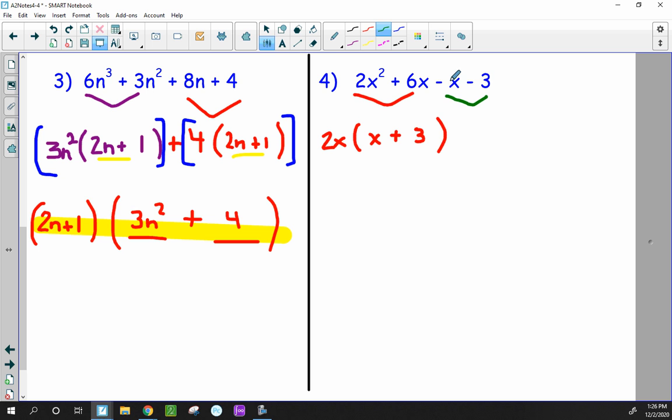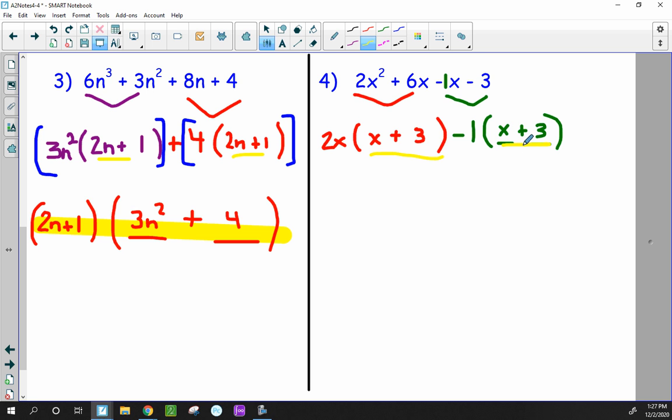Then with the last two terms, I notice 1 is the only thing that goes into 1 and 3. Also, there's not an x in this term. But both of them have a negative, so I'm going to pull out the negative 1. That appears to be the only GCF for the last two terms. Negative 1 times something is negative 1x. Negative 1 times something is negative 3. Negative 1 times positive 3, what's your signs, is a negative 3.